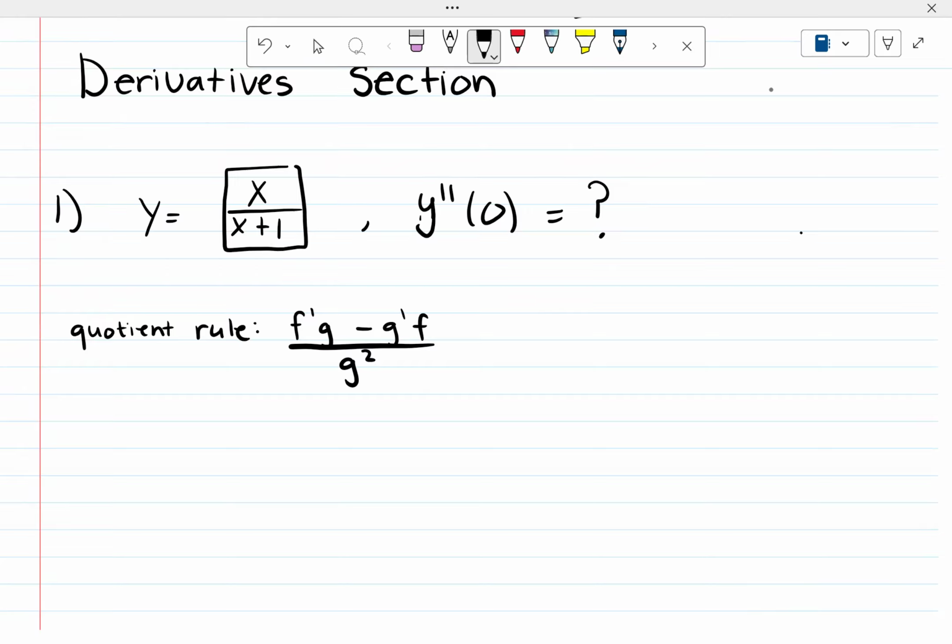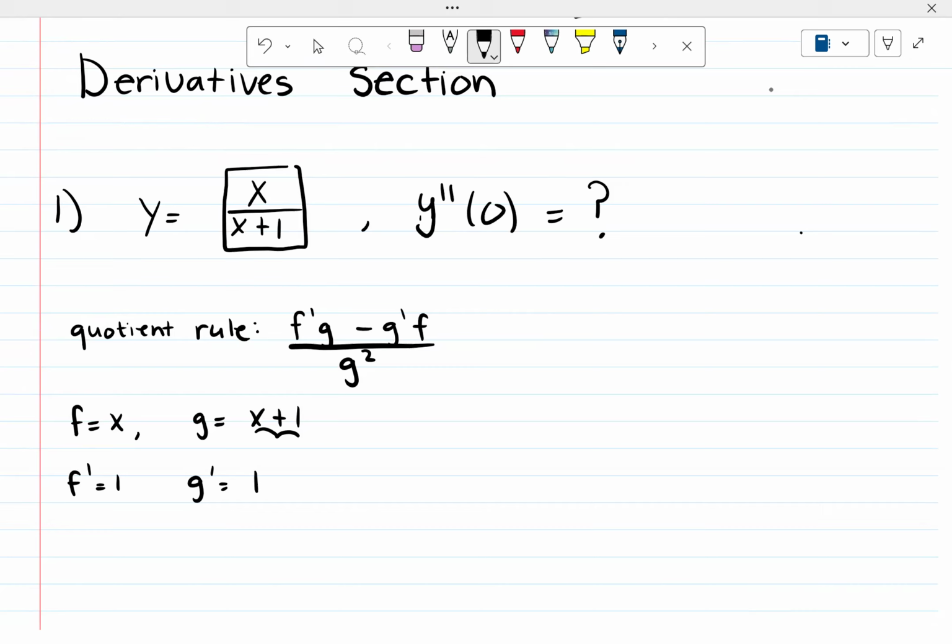So I'm going to figure out what my f and my g are. My f is the numerator, f equals x, and g is the denominator, x plus 1. So f prime is positive 1, and g prime, the derivative of x plus 1, well, the derivative of x is 1, the derivative of 1 is 0, so it's just 1.